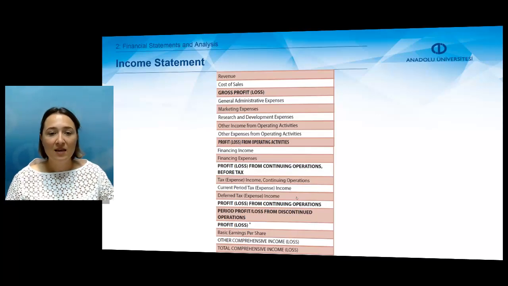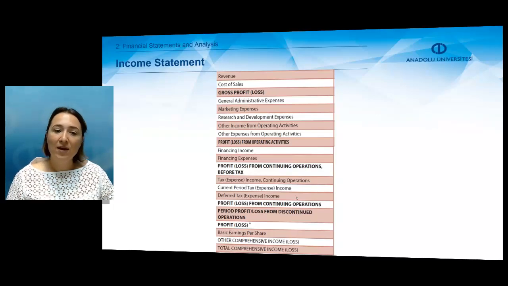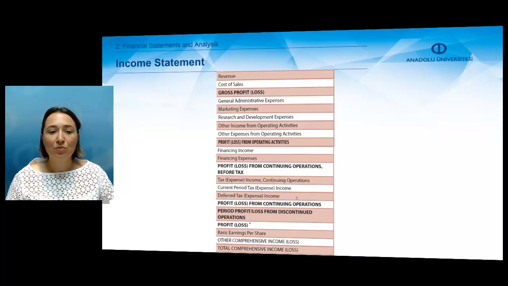After operating activities, we have financing activities. So we include financial income and we subtract financial expenses from profit from operating activities, and we reach profit or loss from continuing operations before tax.